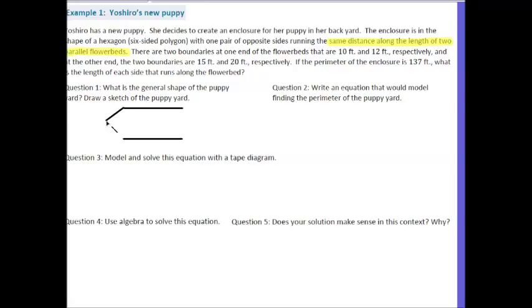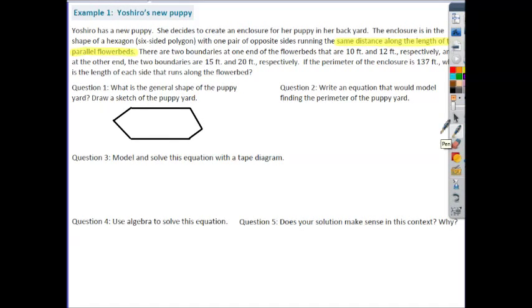Remember, a hexagon will have 6 sides, so we have 2 so far. Here's 3, 4, 5, and 6. And notice I didn't make them all the same length because they actually told us that there are different lengths within those. So at one end of the flower bed, the lengths are 10 feet and 12 feet, and at the other end, they're 15 feet and 20 feet.